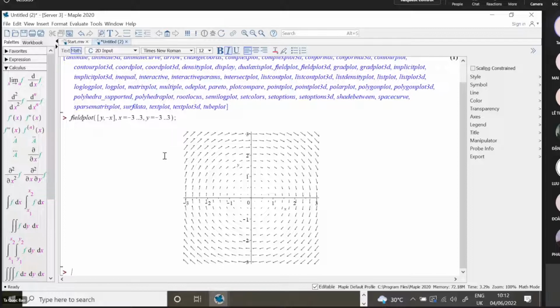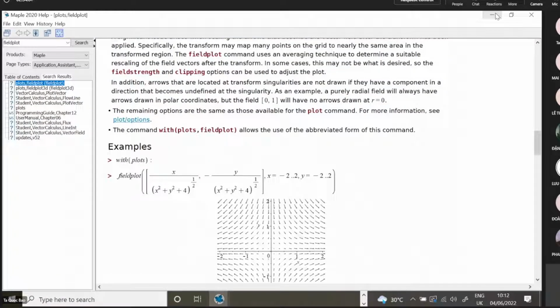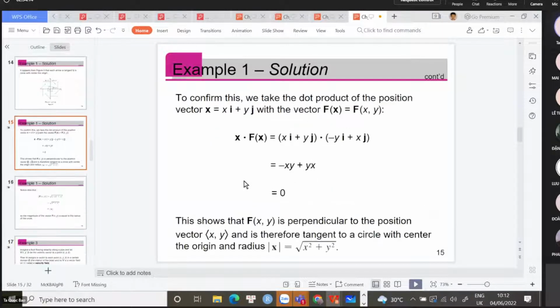Understand? So therefore now you can use Maple to plot the vector fields, and from here you can see the direction of the vector fields. So in this case, the direction of the vector field is okay. All right.